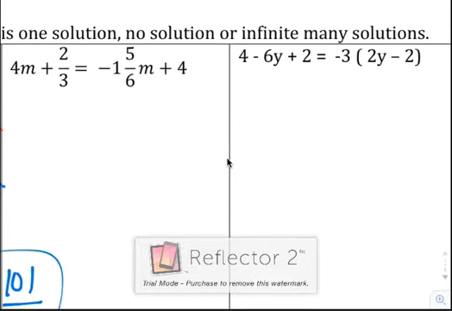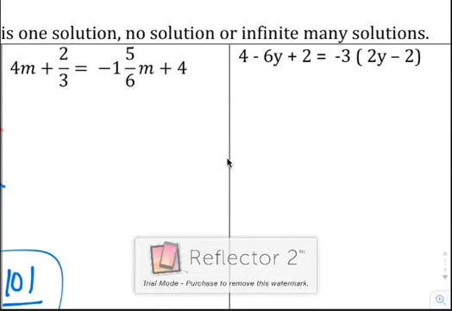Okay? Let's get rid of the fractions. Multiply all of it by 6. 24m cross cancel plus 4 equals negative 11m plus 24.